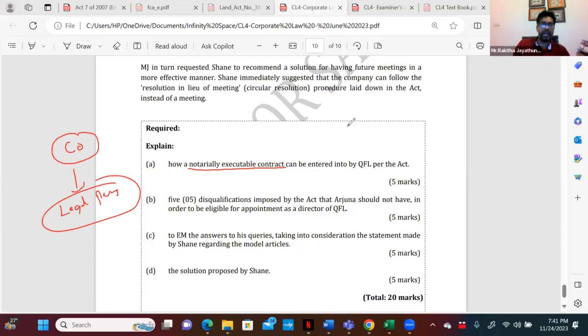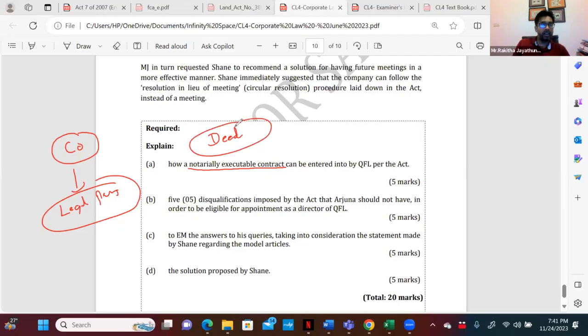When I even buy a phone, it's a contract, maybe written, maybe oral. But when I buy a land, then it has to be in writing. So it has to be in writing, plus it has to be notarially attested. A notary public, most of the lawyers do this job. A notary public, notaris, has to attest the document. We call it a deed.